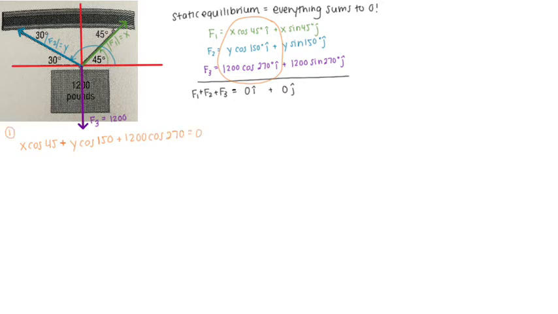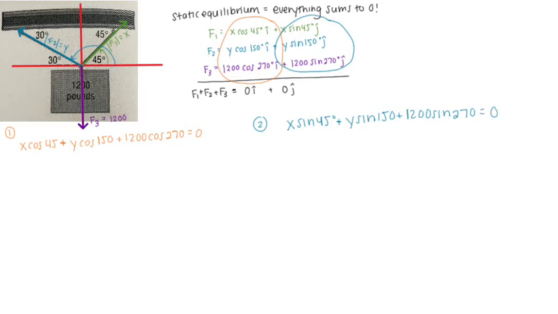That's equation 1. Second, we are going to sum all of the vertical components. So equation 2 says x times the sine of 45 plus y times the sine of 150 plus 1200 times the sine of 270 is all equal to 0.